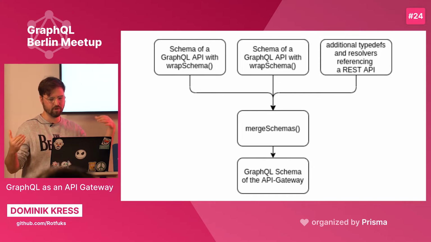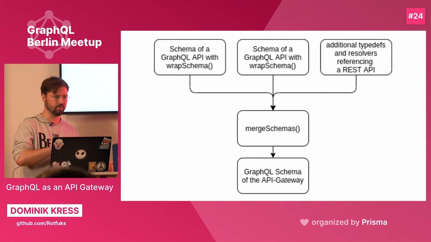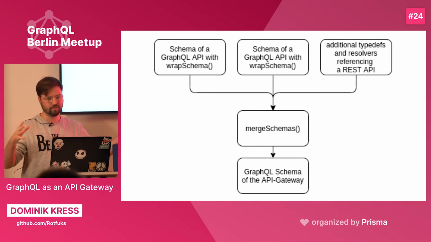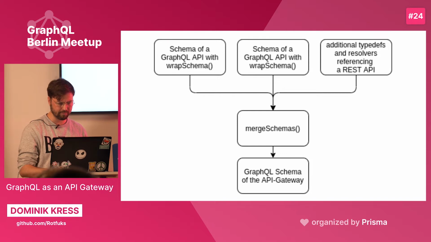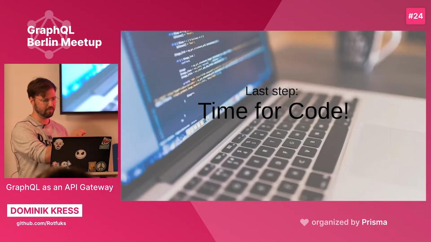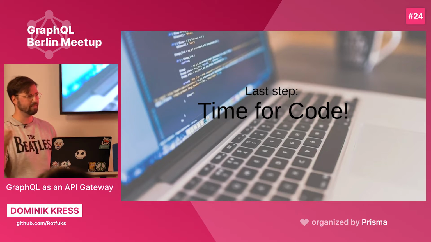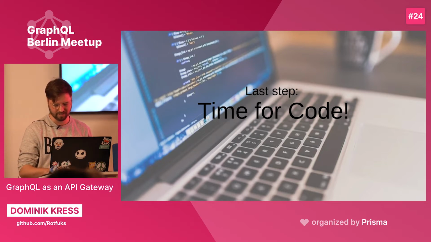And then you can merge those type definitions and resolvers and those executable schemas together. And then you have one schema at the end. That is your API gateway schema. So, so much for some theory in general. Let's see some code if that really works out well.